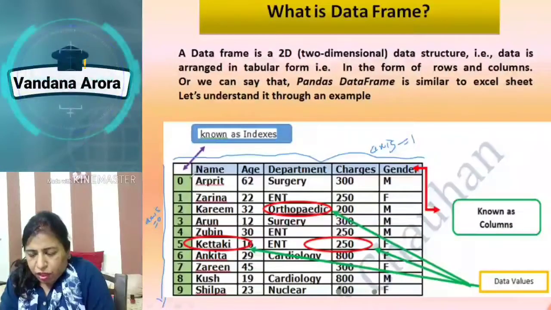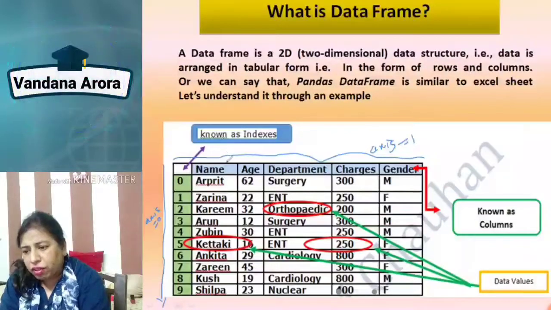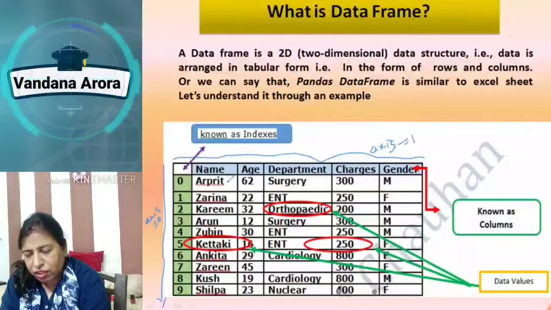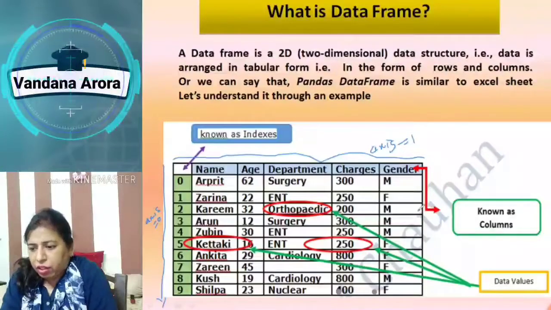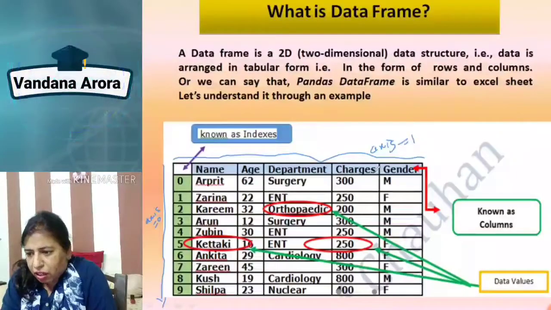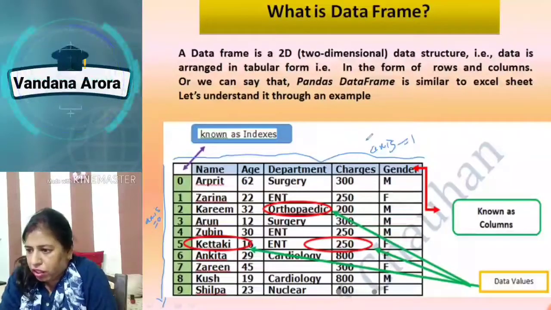Clear? In a data frame, we have a specific index for each row and a specific label or index for each column. When we make the data frame, the indexes are created automatically.